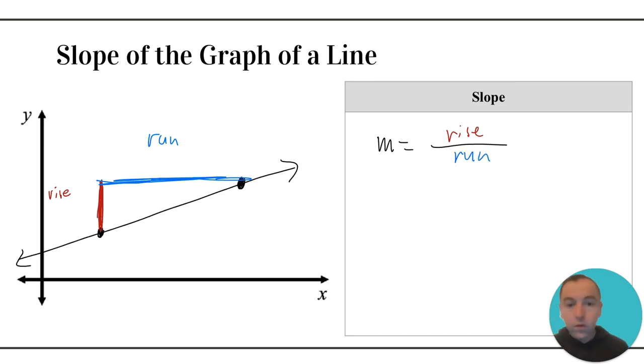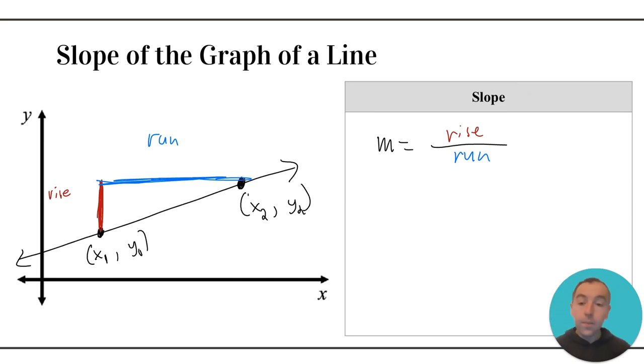Okay. But if those two black dots had coordinates that we actually knew, so like we knew this x coordinate and this y coordinate, and we knew this x coordinate and this y coordinate, then to specify the difference between those xy coordinates, we could call one of them x1, y1, and then call the other one x2, y2, right?